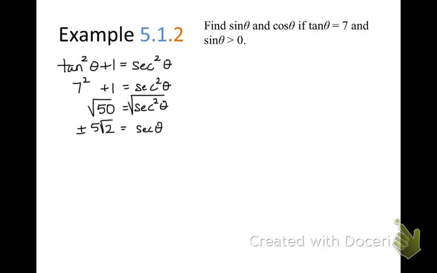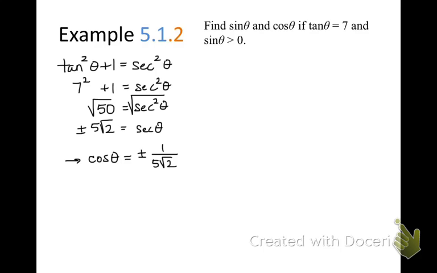If the secant is plus or minus 5 root 2, what are the possibilities for the cosine? Plus or minus still, right? One over that, yep, just the reciprocal. And I do not need you to rationalize, so you can leave that root 2 on the bottom. That's fine.